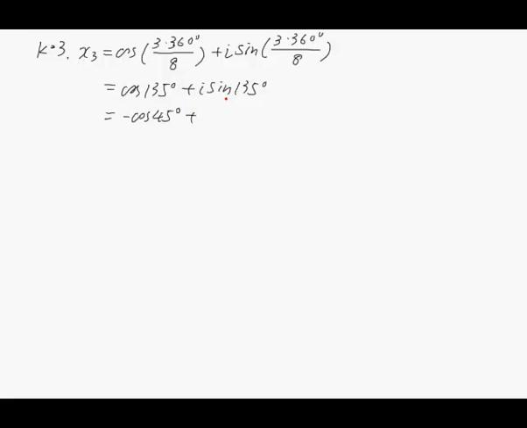And sine is positive in quadrant 2, so sine of 135 degrees is equal to sine of 45 degrees. Then we find the fourth root, which is equal to negative root of 2 over 2 plus root of 2 over 2 times i.